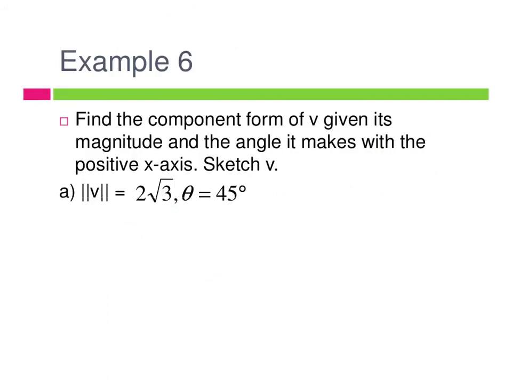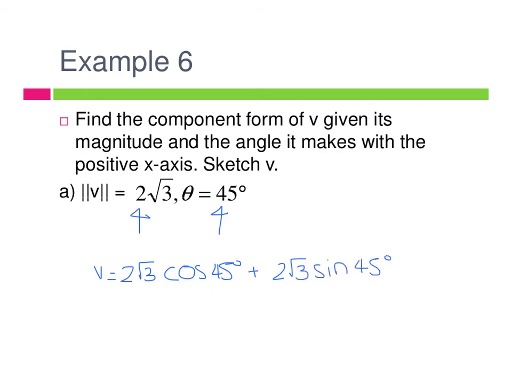Here's another example. Find the component form of vector V given its magnitude and the angle it makes with the positive x-axis. Sketch V. It gives us the magnitude and it gives us theta, so now we get to substitute. Remember, V equals magnitude cosine theta plus magnitude sine theta, and find the exact values from the unit circle.